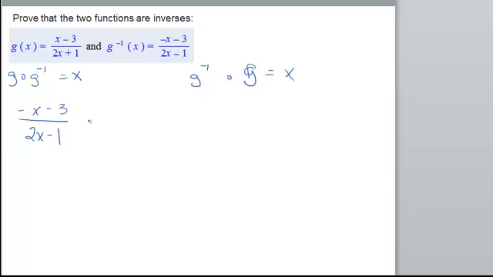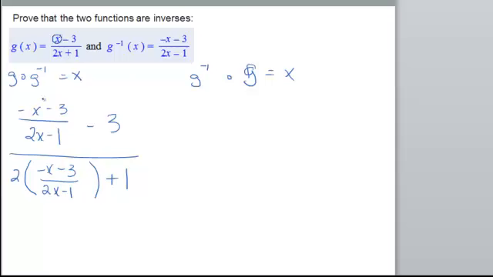And all of that is right there. That's that little x minus 3. That's all over. Now I put 2 times, instead of x, I put all of this. Negative x minus 3 all over 2x minus 1. And there's my plus 1. So what I did was replace this x with all of this.